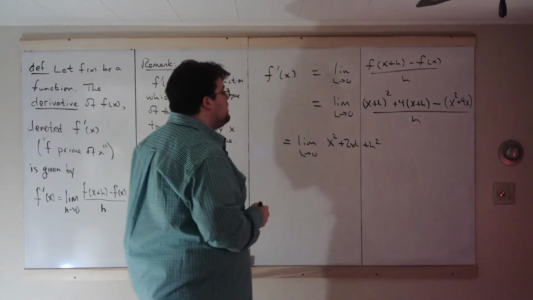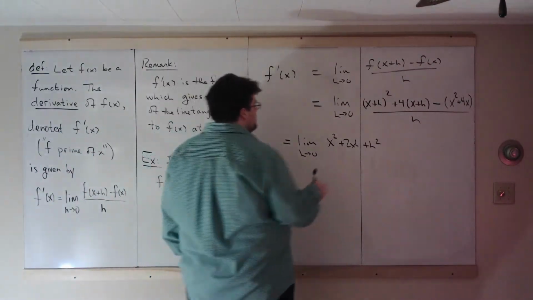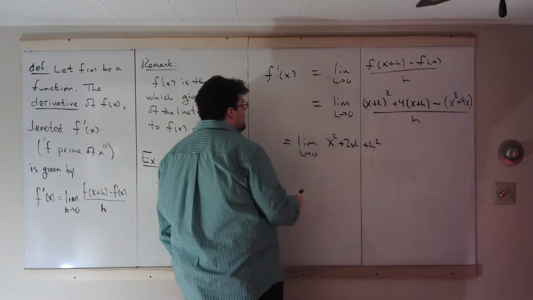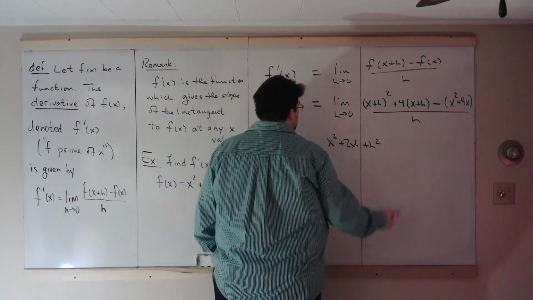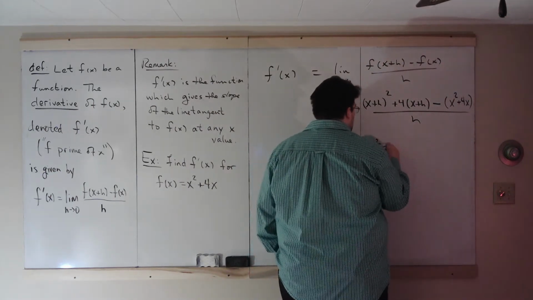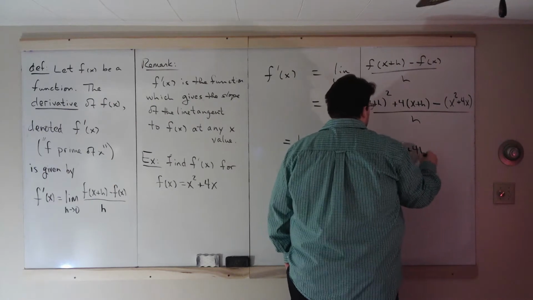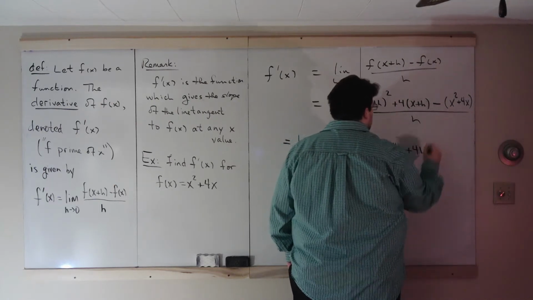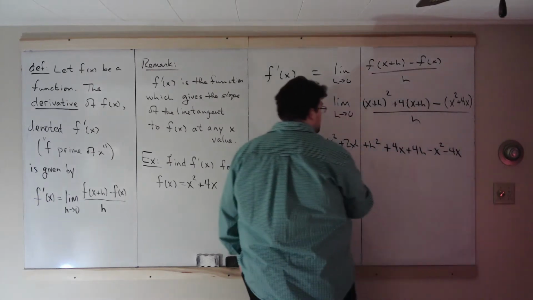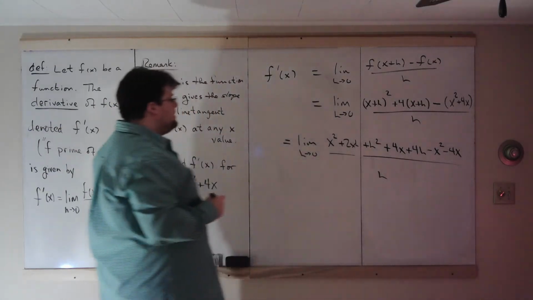Using the square formula, x plus h all squared is first thing squared plus 2 times the first thing times the second thing plus second thing squared. X squared, 2xh, h squared. Now plus 4 times x plus h, distribute the 4, so you get plus 4x plus 4h. And then distribute that negative 1, so minus x squared minus 4x. And this is all over h.